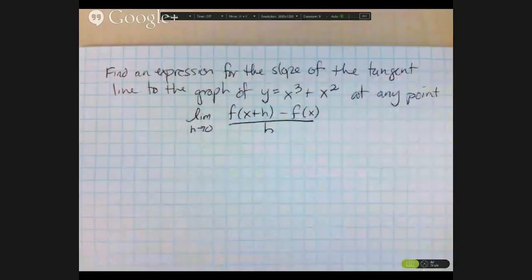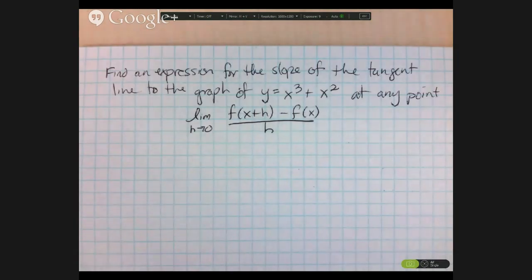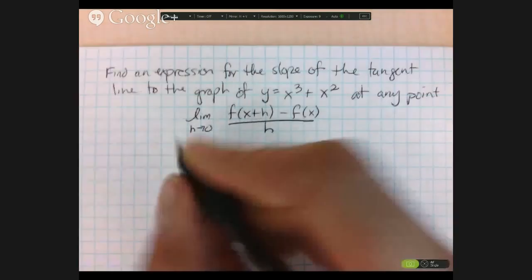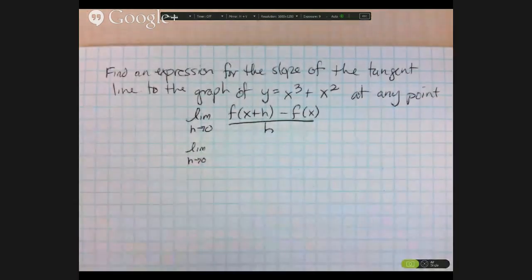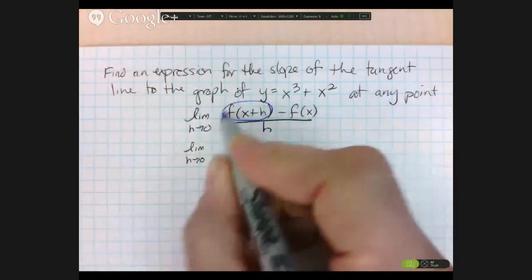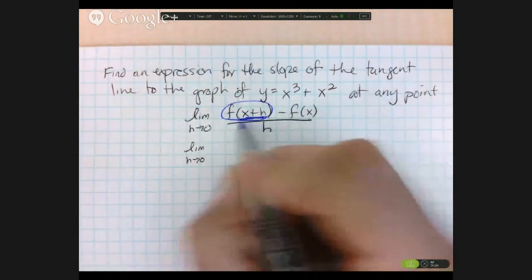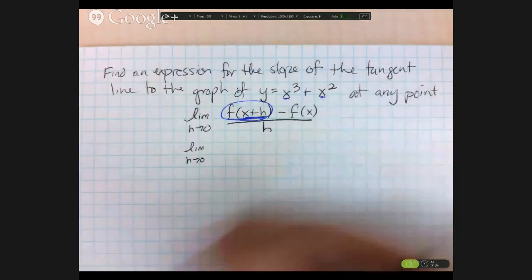Okay, write it down. This here, I'm plugging x plus h in for x cubed and x squared.